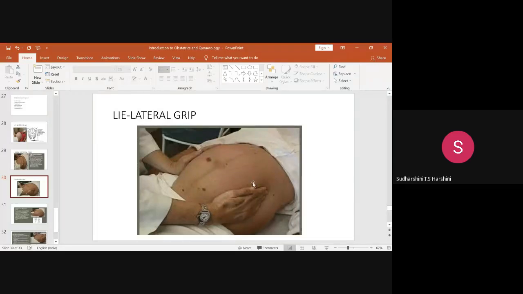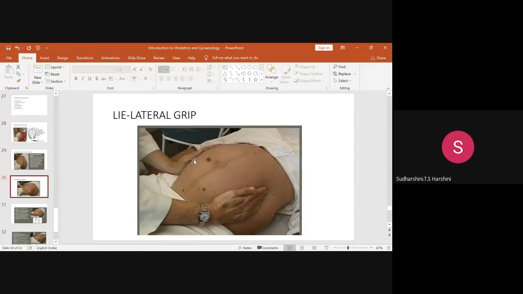If this is the spine, you will feel a uniform curved resistance. Spine on one side means irregular, soft, knob-like structures will be felt on the other side. So in other words, you can determine the lie, and where the spine of the baby is felt.